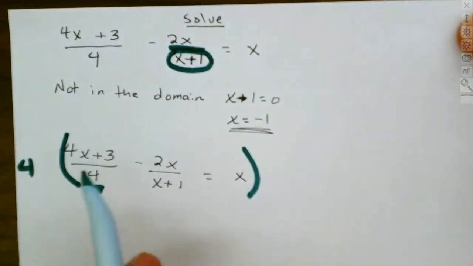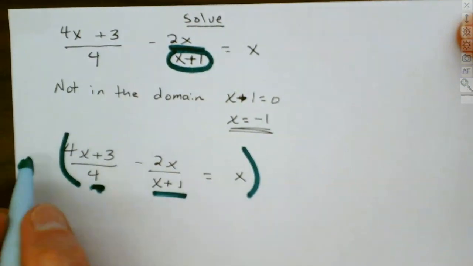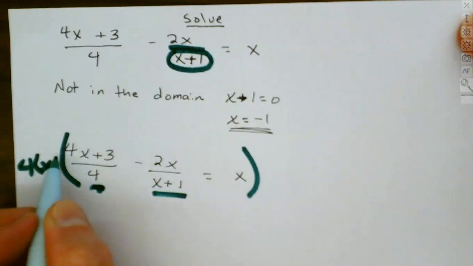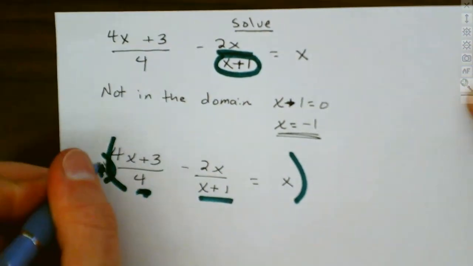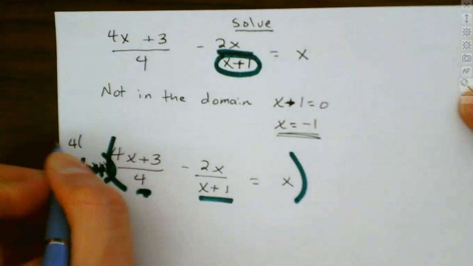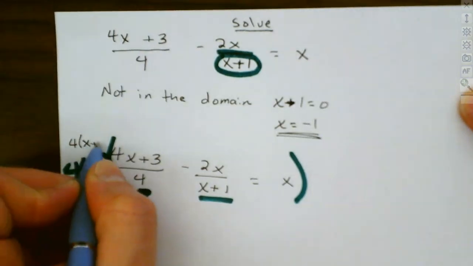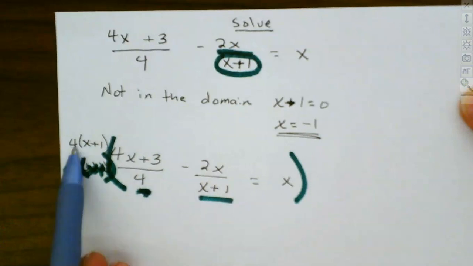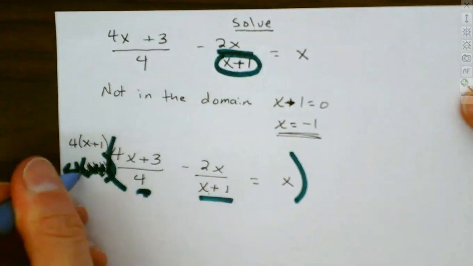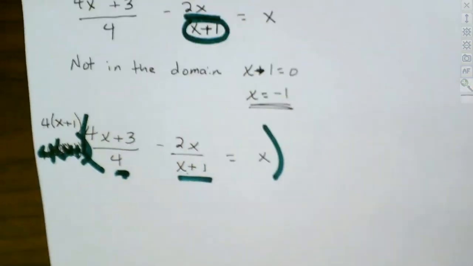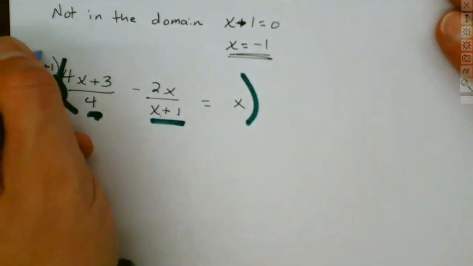And what about the second fraction? It has an x plus 1. So I'm going to have to use an x plus 1. Let me write it up a little bit neater here because I know it's kind of hard to see. So I'm going to have to multiply this by 4 times that x plus 1. Now, why do I need the 4? Okay, the 4 and 4 will cancel here. The x plus 1 and the x plus 1 cancel there. That's going to get rid of all of my fractions. And that's what I want. So we go through one at a time.